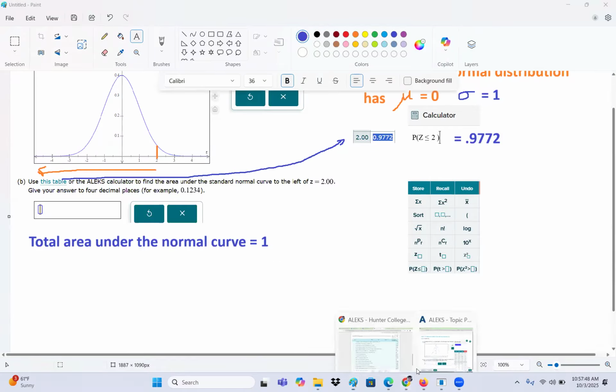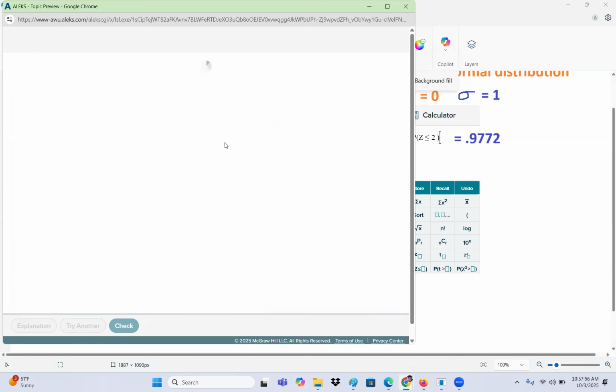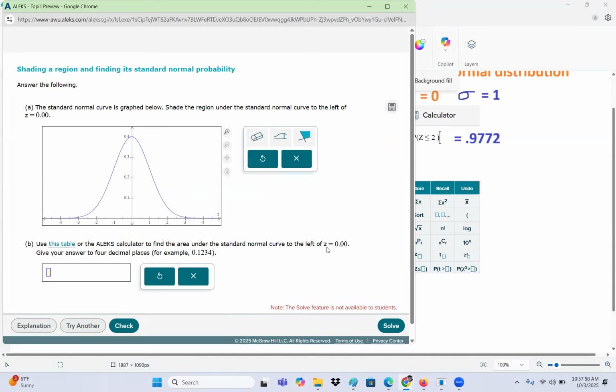You might have some questions asking us to find the area, like z equal to 0, which is that one, and it's 50%, right? It's on the left side.